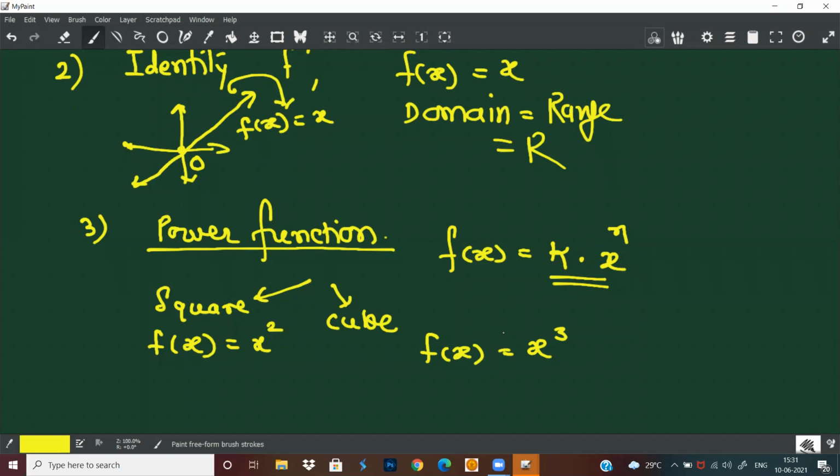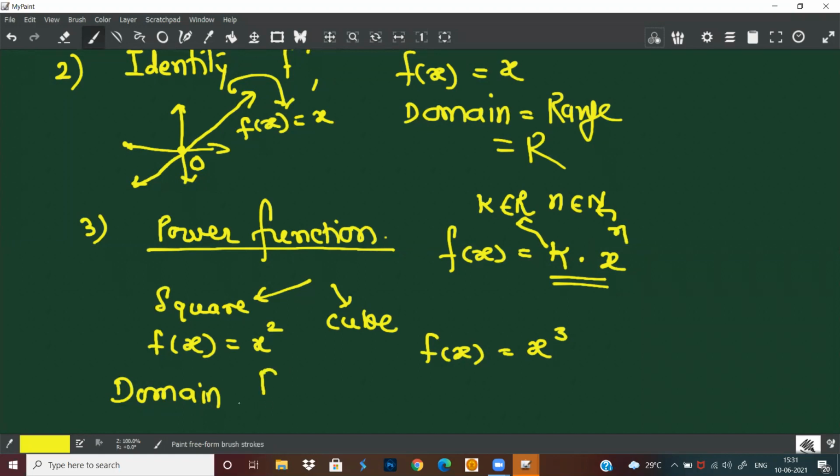What will be the domain? Yeah, this will be a real number. This will be the natural number. This will be the real number. डोमेन क्या होगा इसका?